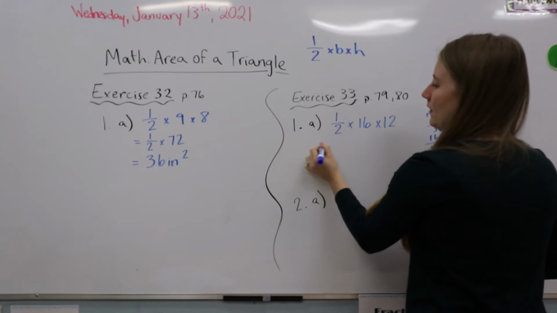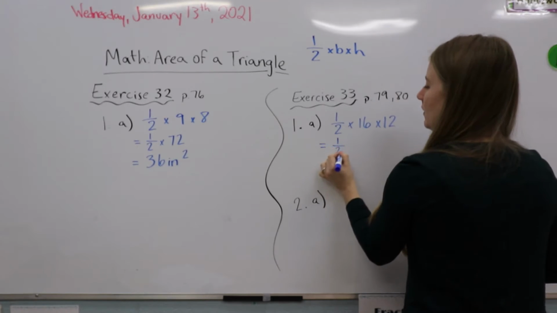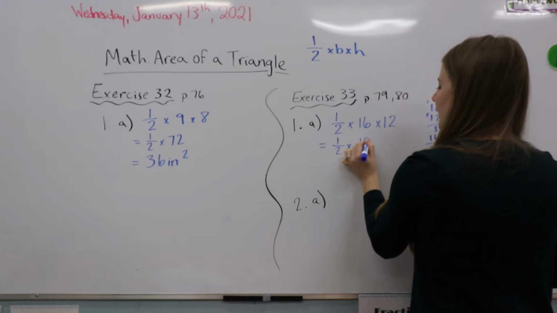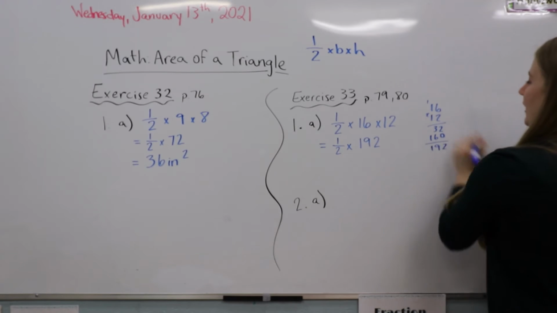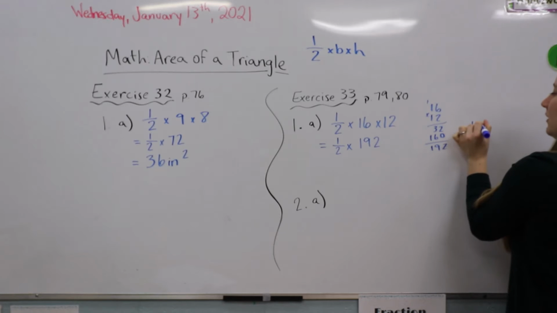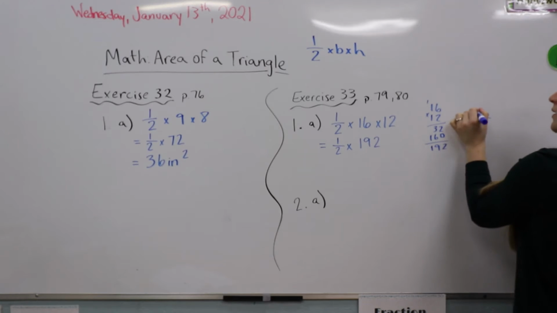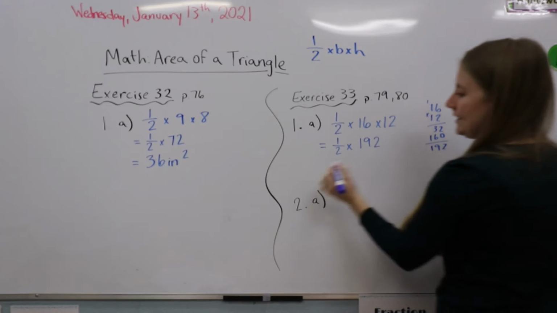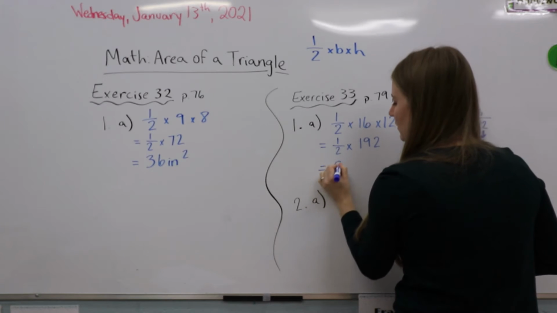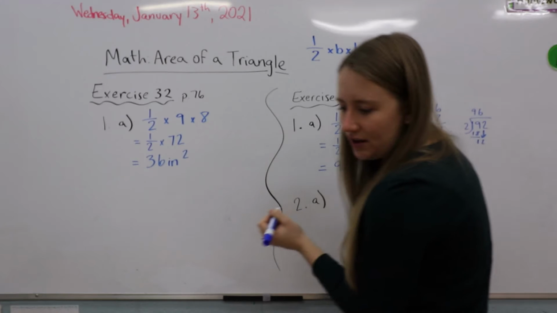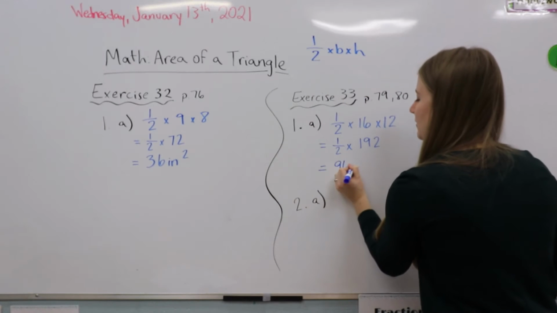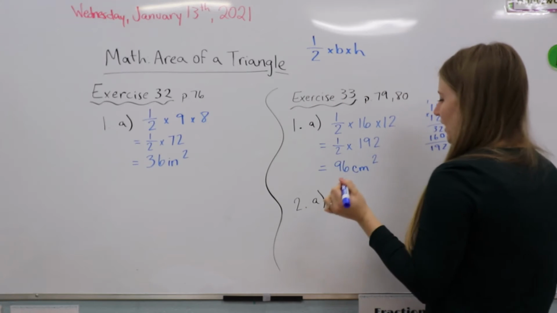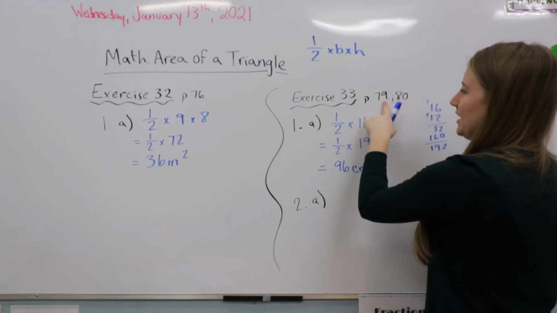So it equals half times 192, and we're going to do our long division. And it equals 96. Our units are centimeters this time, so centimeters squared. So that's 1A on page 79.